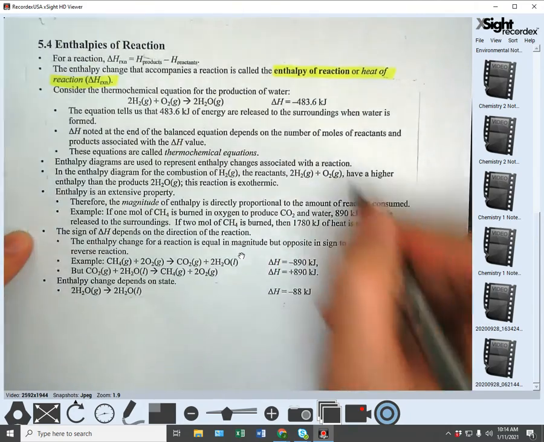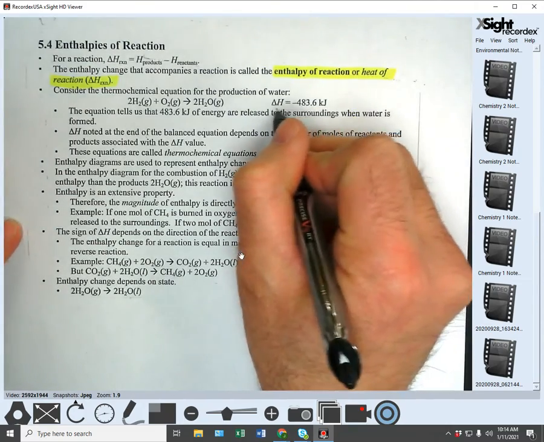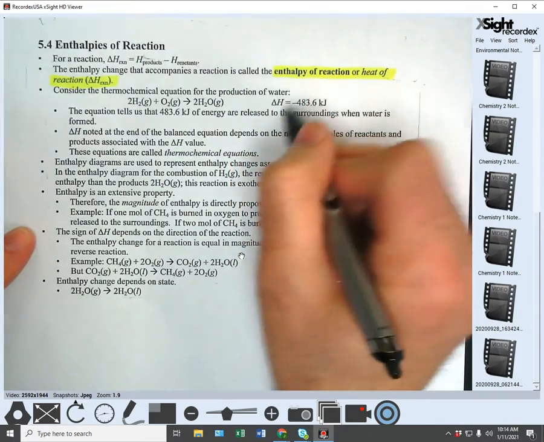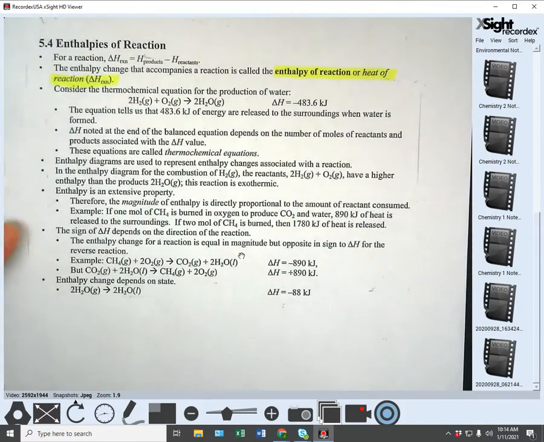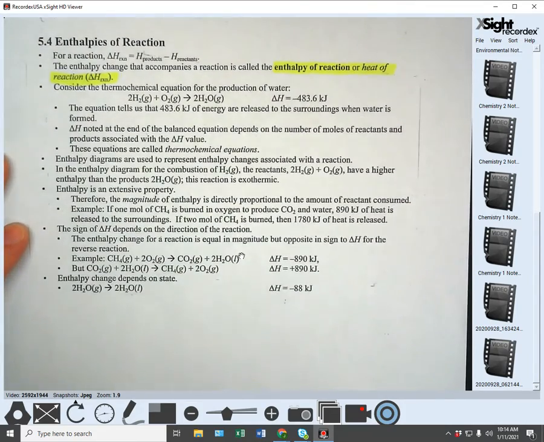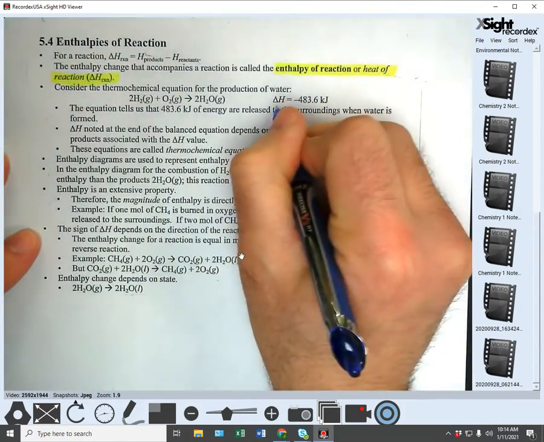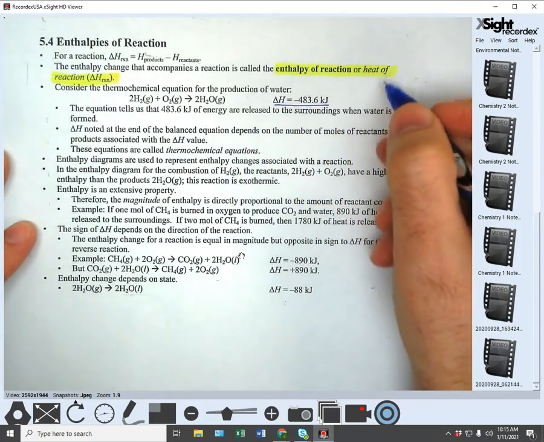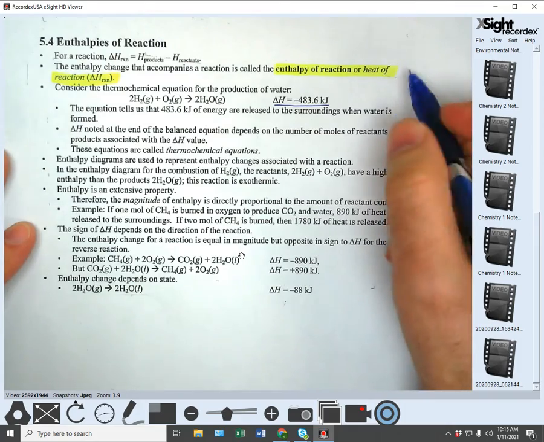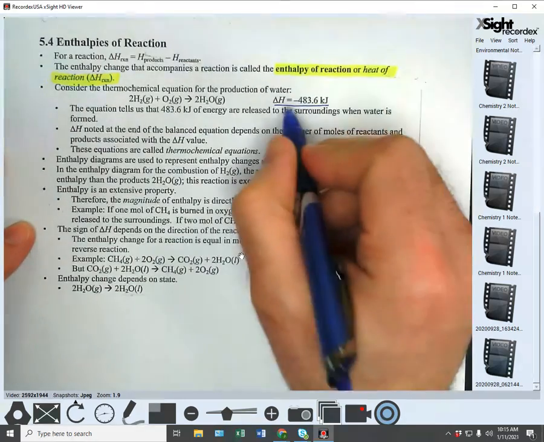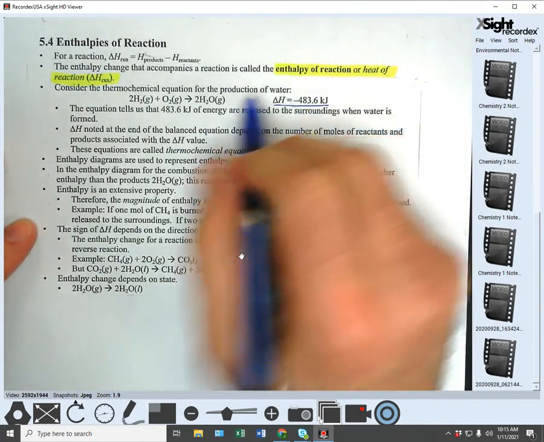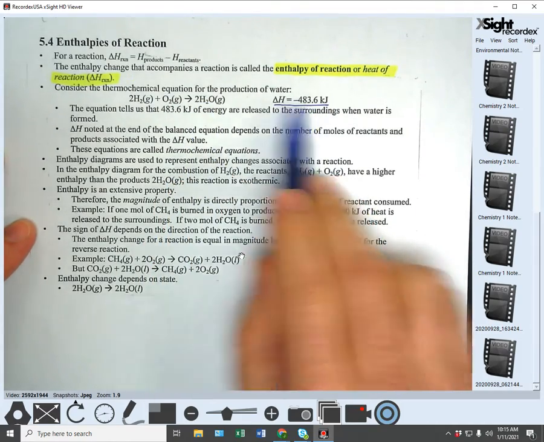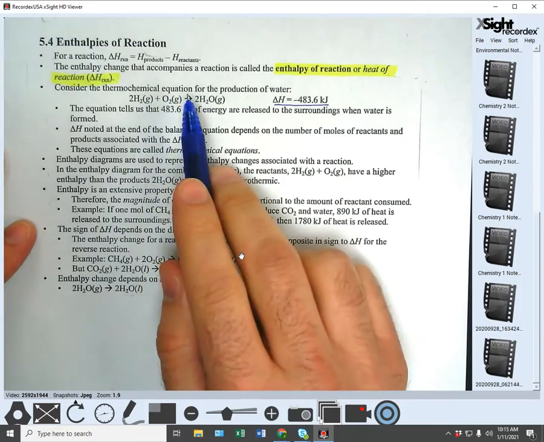Now, this amount right here, actually, I'm going to use a blue so it stands out a little bit. This is the amount of heat energy that is either given off or absorbed during this reaction.